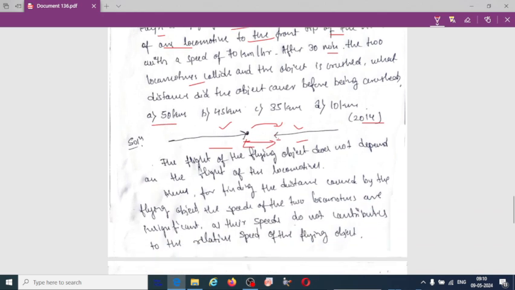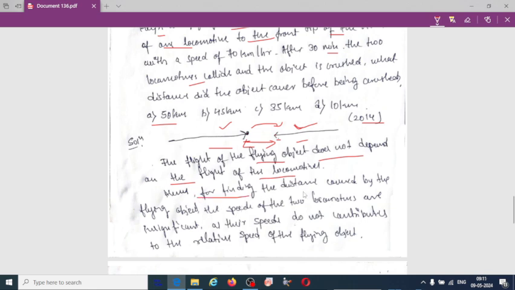Let us calculate. The flight of the flying object doesn't depend on the flight of the locomotive. When it is flying or moving from one front tip to the other, it doesn't depend upon the flight of the locomotive. Whatever the two locomotives, or the two trains or buses, if you take, they are independent.